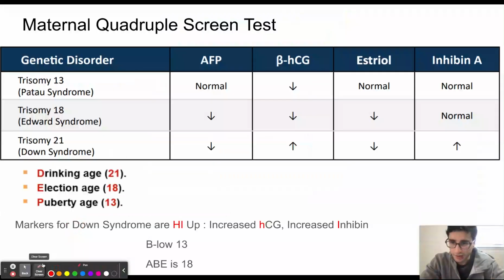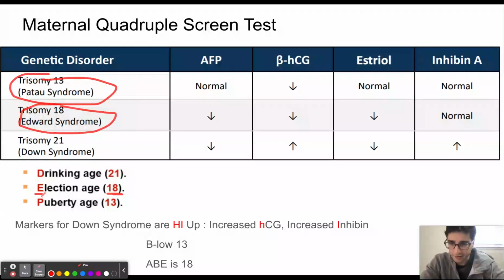Now, the other autosomal trisomy levels that we need to know for Step 1 are going to be Edwards syndrome and Patau syndrome. So, Edwards syndrome is going to be trisomy 18, and the way you can remember this is E for Edwards, and so election age is going to be 18.